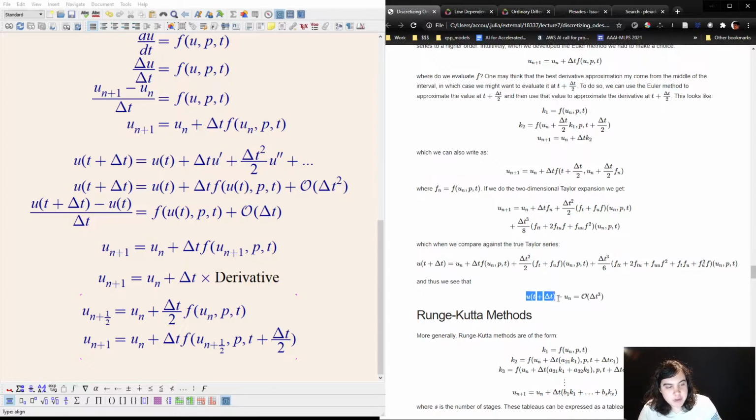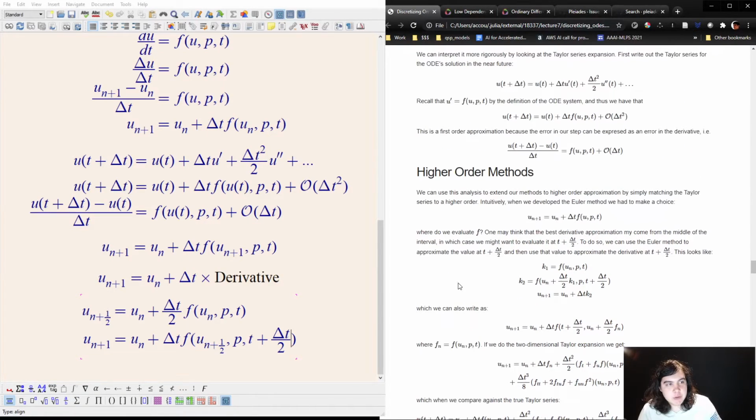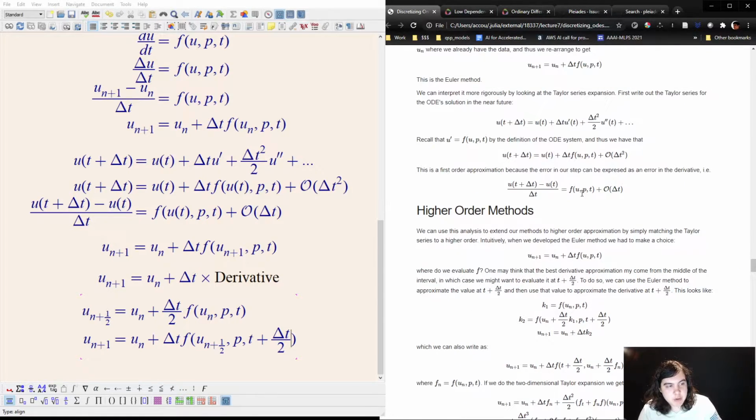And so this, u of t plus delta t minus u of t, has some order t cubed behavior, right? What is the order of the approximation then? Well, we subtract this over, we divide by delta t, and if we do that, then we have the same thing like up here, except now we have plus O of delta t squared.